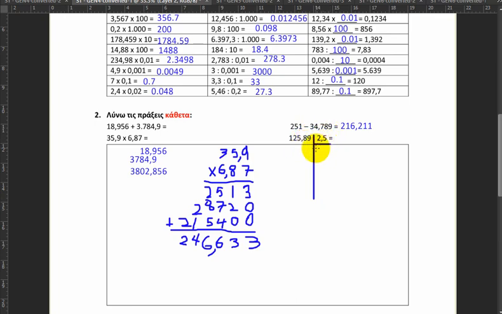This becomes, I'm going to rewrite it here, so it becomes 1,200. Wait, let me zoom in.